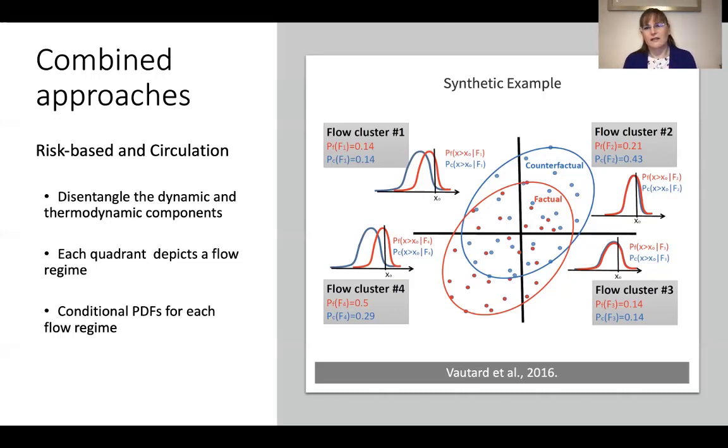So in this illustrative figure, each of the different quadrants depicts a different flow regime, one of those different circulation regime states. And then we can look at conditional probability distributions for each of those circulation states, and then analyze the differences between those.